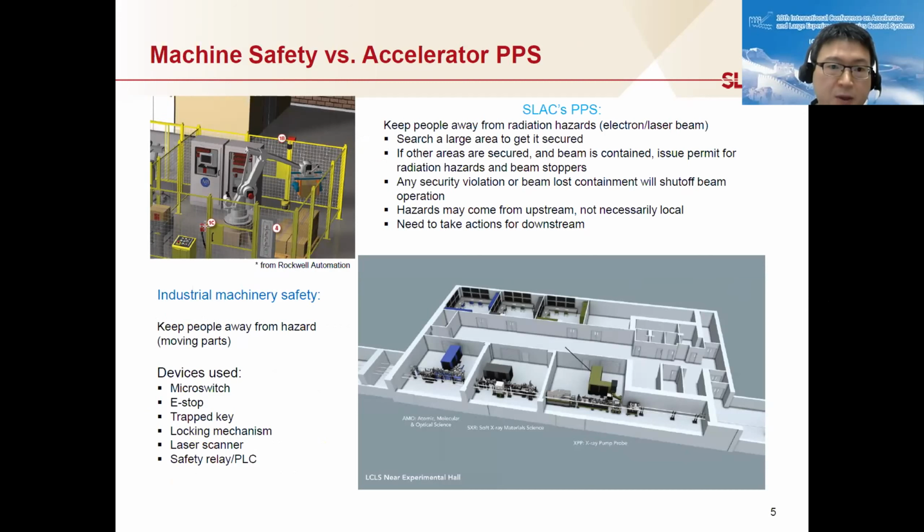the lock, e-stop, micro switch, and the laser scanners to detect if the security has been violated and to initiate shutdown. On the right-hand side is a layout from our LCLS near experimental hall.